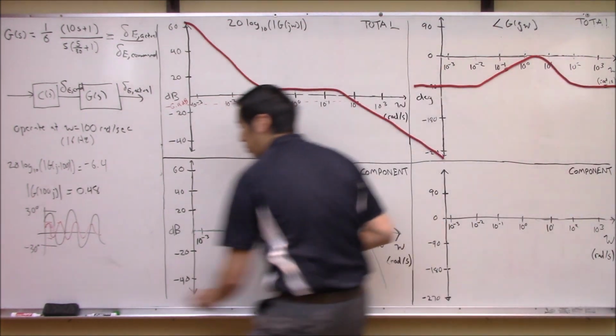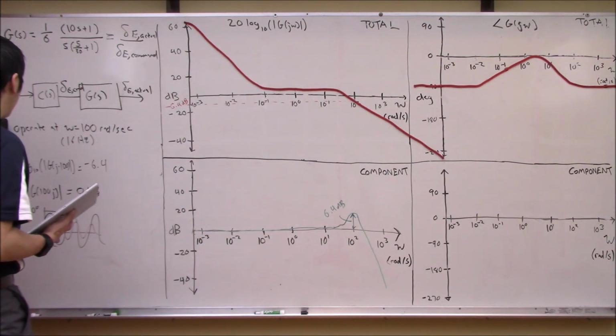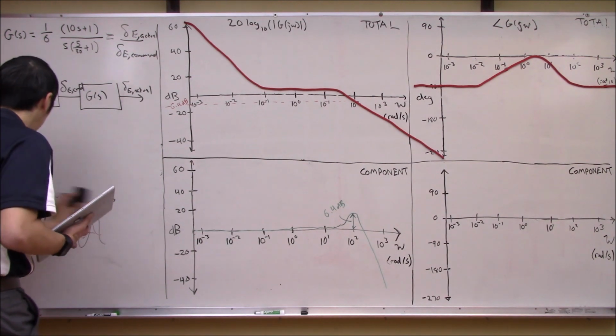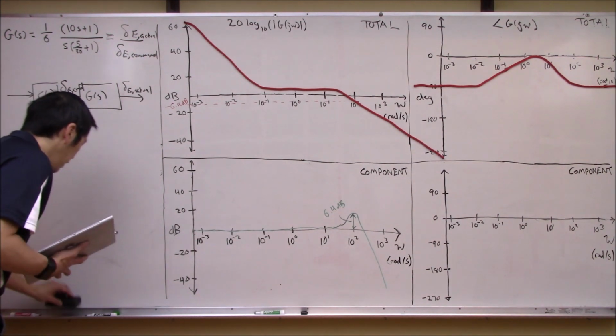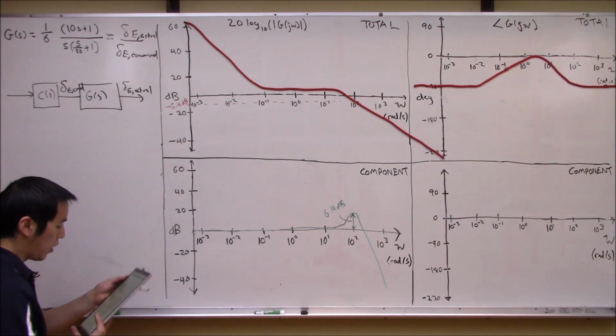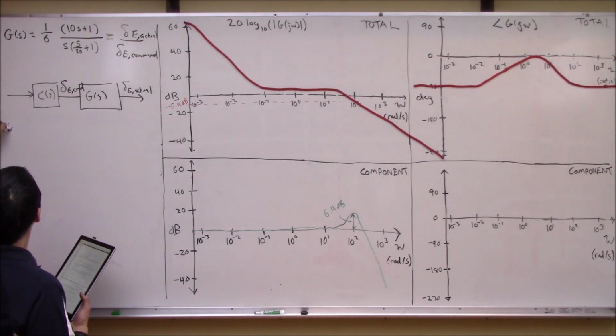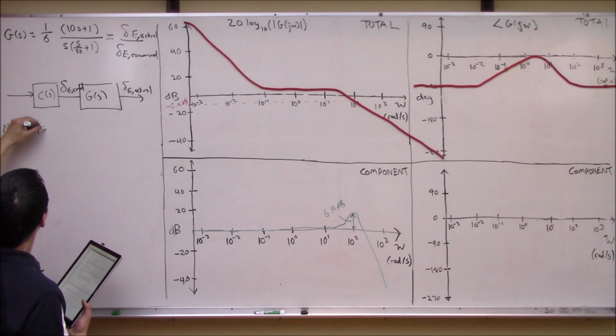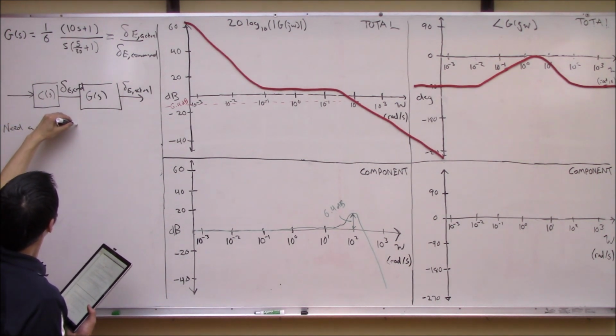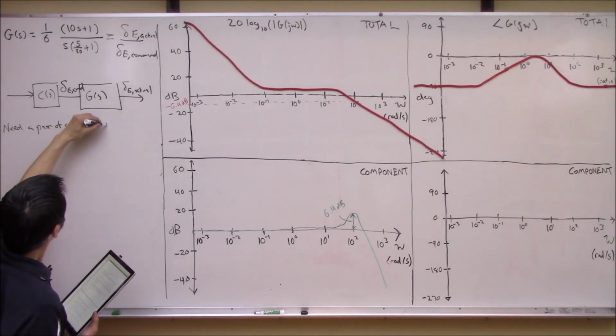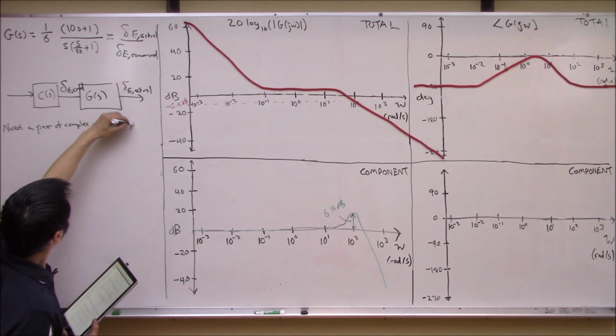So for example, just to go through this discussion completely here, let's just do a few more calculations and see if this works. So you remember earlier that what we basically need here is a pair of complex poles, complex conjugate poles.